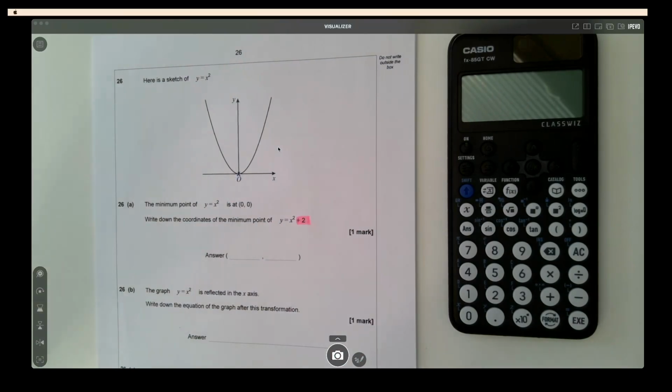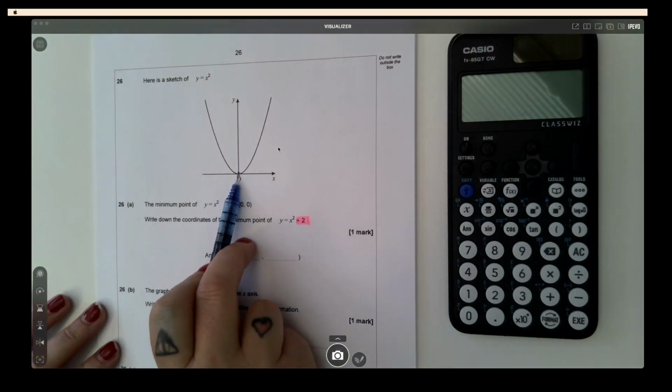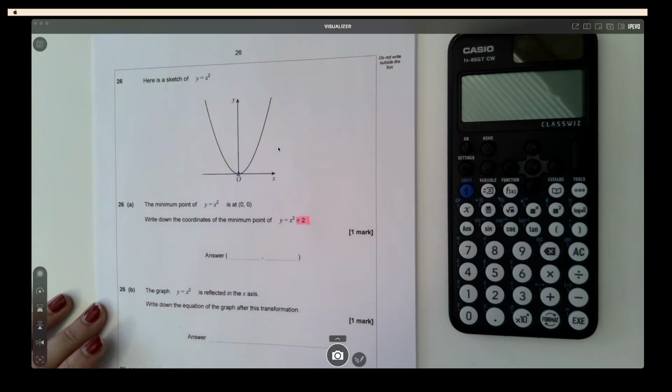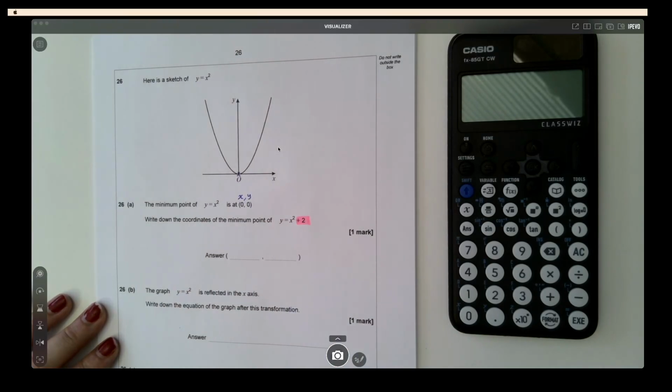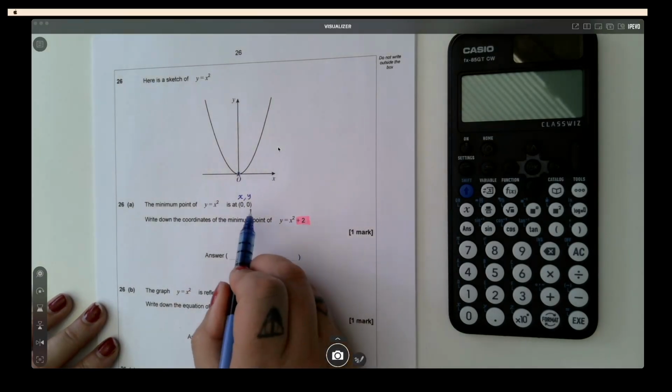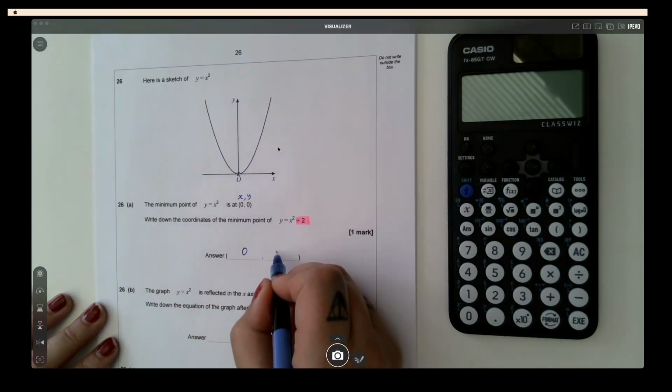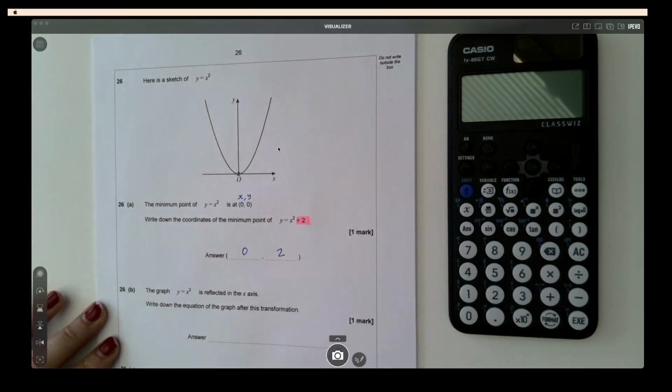And because that plus 2 is not combined with the x within the squared term, it relates to the y coordinate. And what that means is this graph has shifted up 2 places on the y-axis. So currently we have x and y coordinates of 0 and 0. But if we're adding 2 to that y coordinate, it becomes 0, 2.